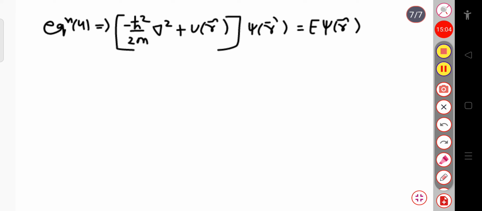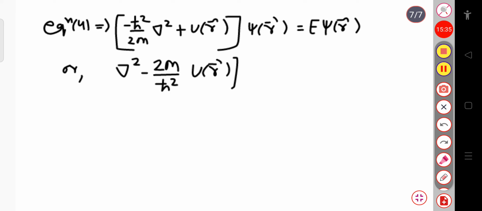Or this can also be written as, if I divide throughout by minus ħ² by 2m, you can write ∇² minus 2m by ħ² into U of r, this whole into psi of r, and that is equal to, also here I will write, minus 2m by ħ² into E psi of r.